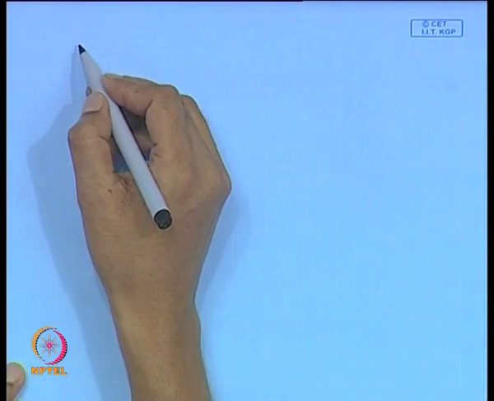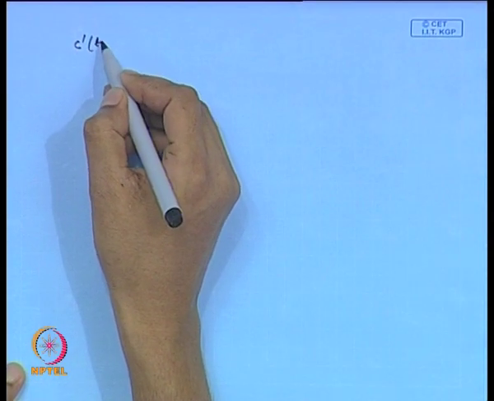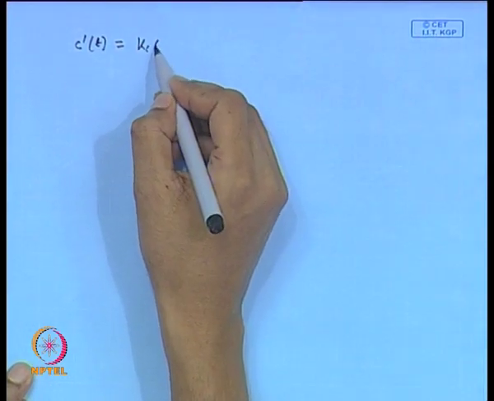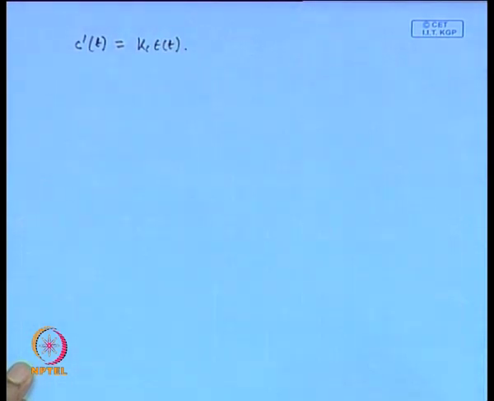Now, we wish to determine the transfer function of the controller. You see, for the P only controller we got C prime t is equal to K C epsilon t.